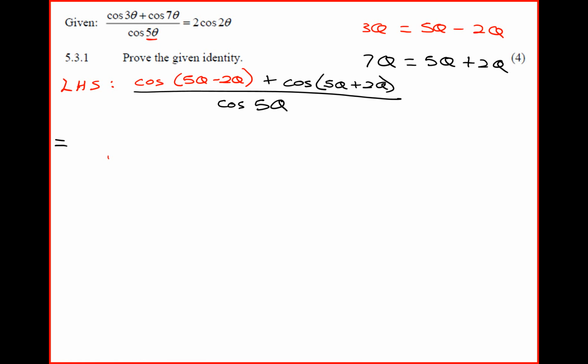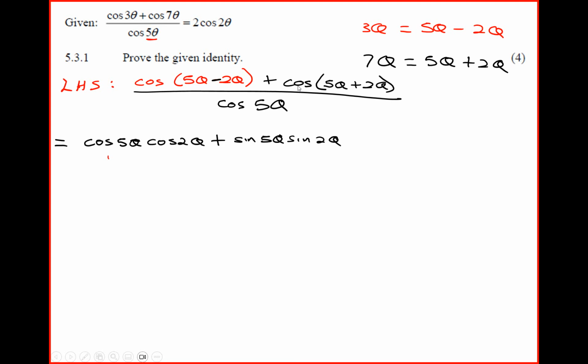Which is now equal to, so if we look at the top, cos of 5 theta minus 2 theta, that is actually a compound angle. And if we use our compound angle formula on that, we would get cos 5 theta cos 2 theta. The minus would change to a plus sine 5 theta sine 2 theta.